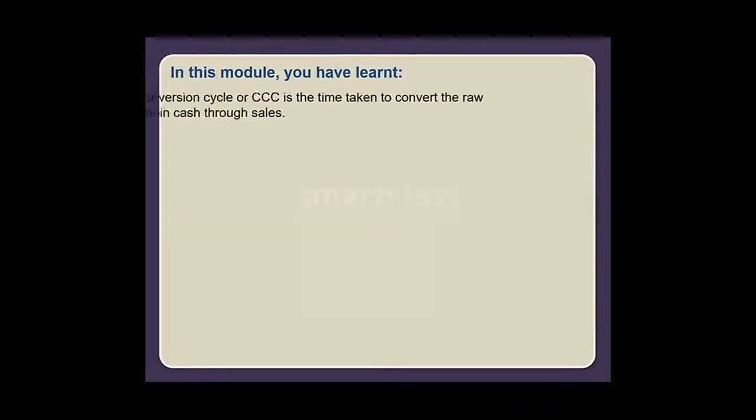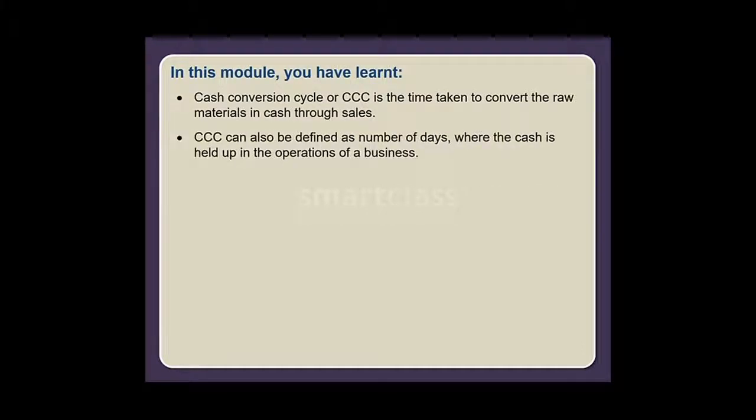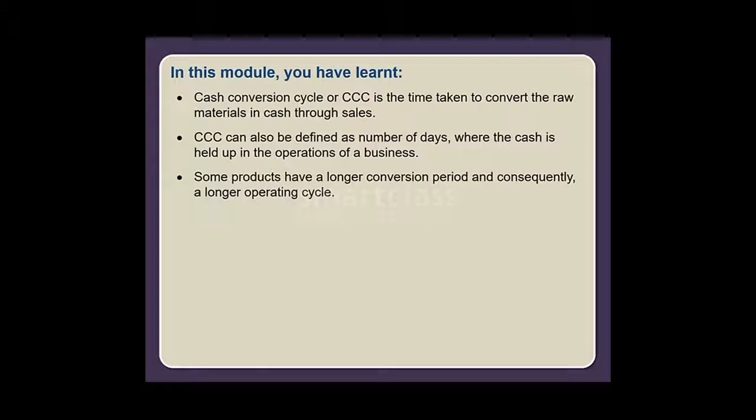In this module, you have learnt cash conversion cycle or CCC is the time taken to convert the raw materials in cash through sales. CCC can also be defined as number of days where the cash is held up in the operations of a business. Some products have a longer conversion period and consequently a longer operating cycle.